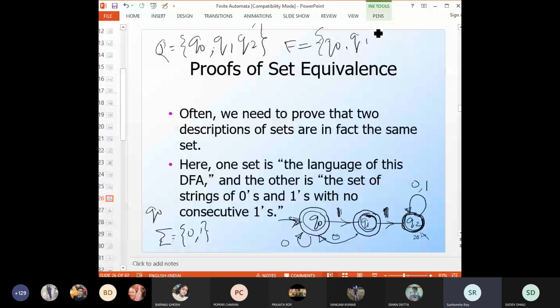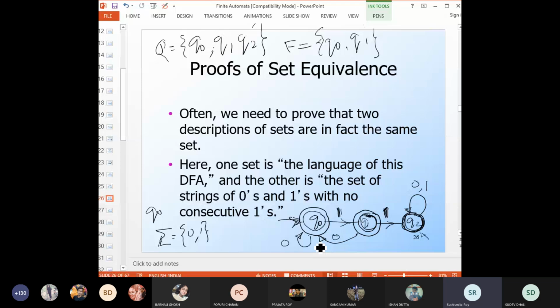So Q is defined, sigma is defined, the transition function is defined in the form of arrows in this diagram, the initial state has been shown and the final states have also been shown. So this is a complete DFA, and it rejects all those strings on 0 and 1 which have 2 consecutive ones. So this is the equivalence.